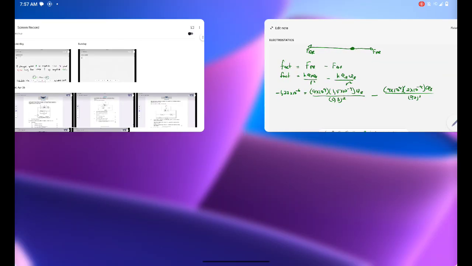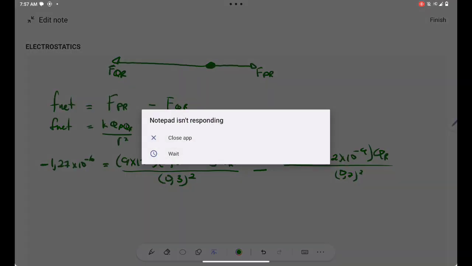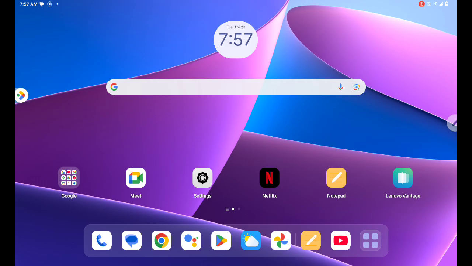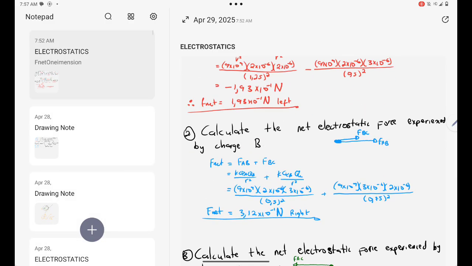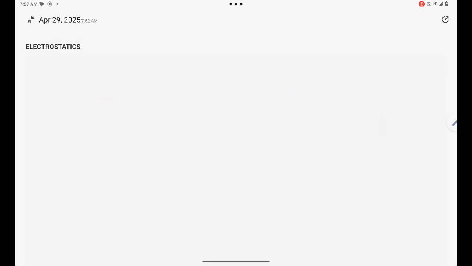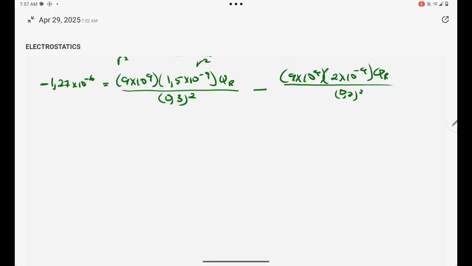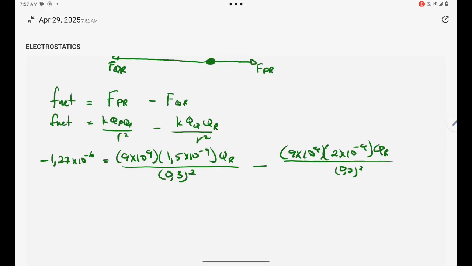Why is this thing not writing? Excuse me about that, guys. I hope in the meantime you're subscribing. Okay. I have negative 1.27 times 10 to the power negative 6.